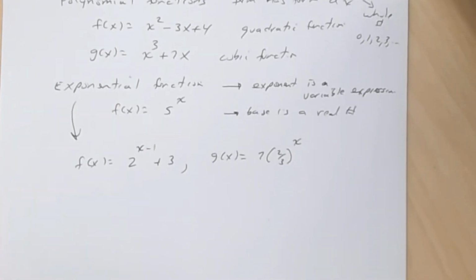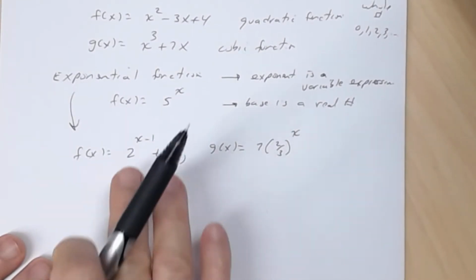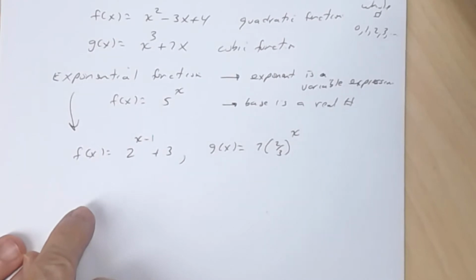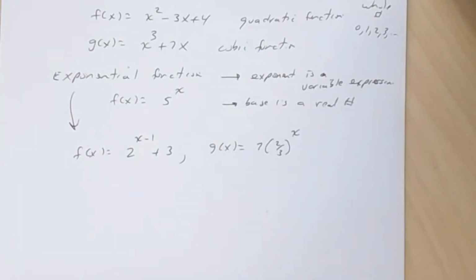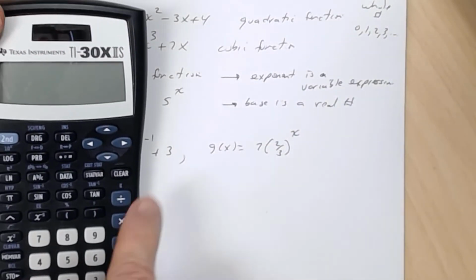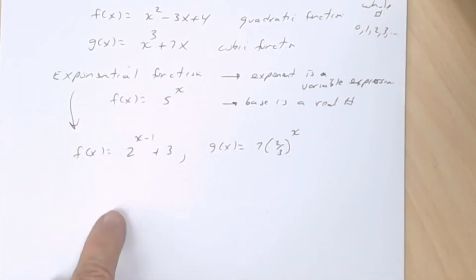Okay. Now, before we do that, though, we need to be able to use our calculator with these exponential functions. So when we look at graphing, you need to be able to approximate some y values for a certain x value. Okay, so let's talk about how to use a calculator.